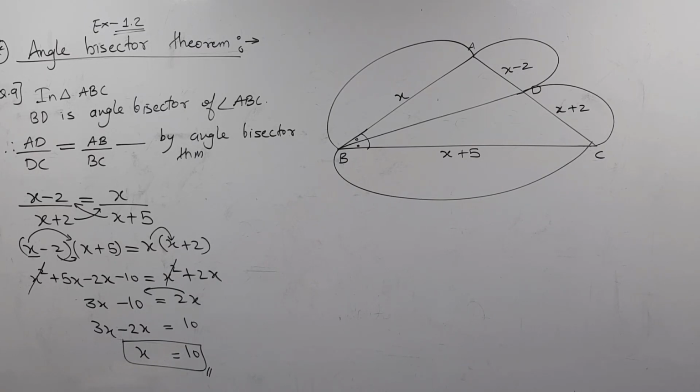We will take x on one side and pure numbers on the other side. So here I have 3x. We'll bring this 2x here. Plus will give me minus 2x. Similarly, minus 10 will go to that side, so this will give us plus 10. 3x minus 2x, 1x. So the value of x, we got how much? x is equal to 10. This will be your final answer. I hope you have understood clearly. Thank you so much.